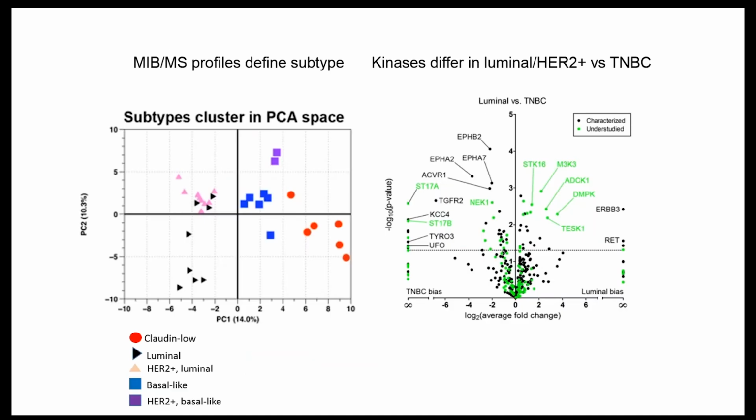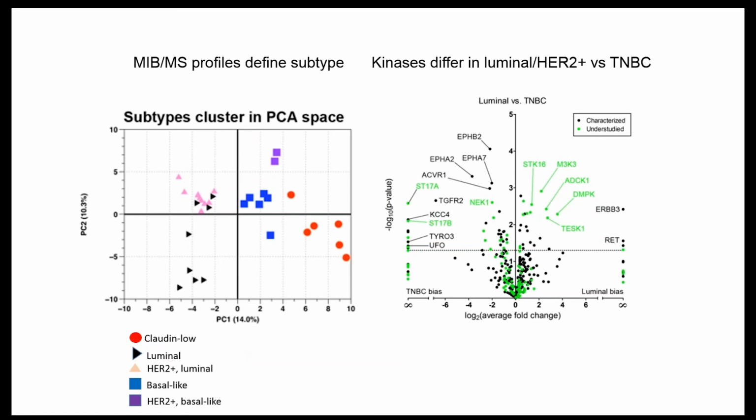So you can actually use PCA space that you would predict from the previous slide and show that these 5 different subtypes of breast cancer are clearly discriminated in PCA space.